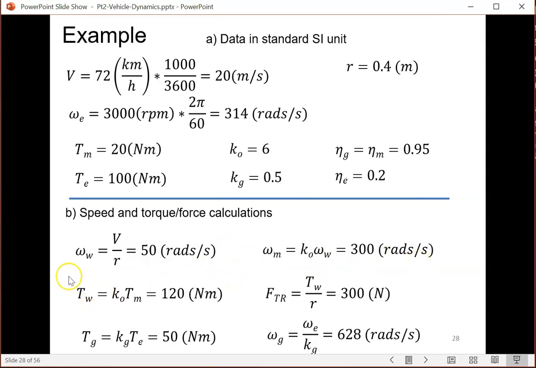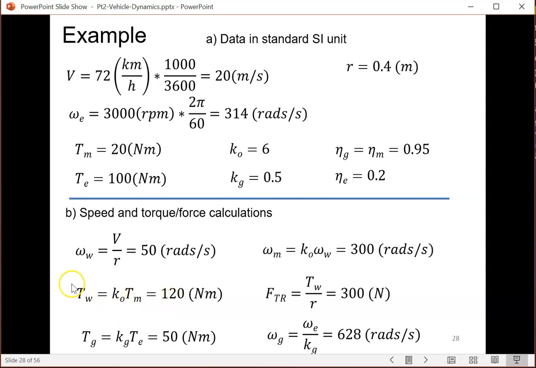The torque of the wheel can be calculated from the torque of the motor, because we know the output torque of the motor is 20 Newton meters. So the torque at the wheel equals the gear ratio times the output torque of the motor. Gear ratio is 6, Tm equals 20, that's 120.